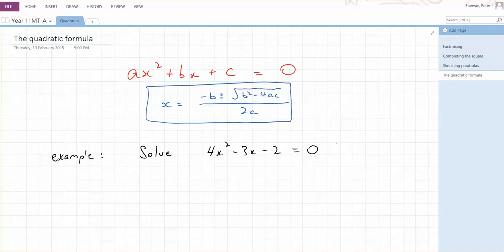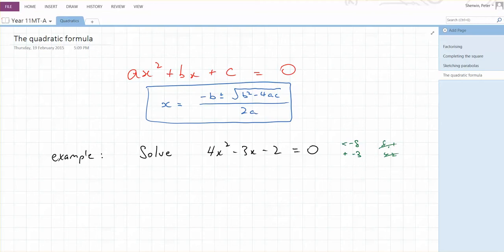In this case we're looking for two numbers that multiply to minus 8 and add to minus 3. Pairs that multiply to minus 8: 8 and 1, we're not going to get 3 out of that; 4 and 2, we're not going to get 3 out of that. So we arrive fairly quickly at the conclusion that this is not factorisable, so we're going to use the quadratic formula to solve this for us.